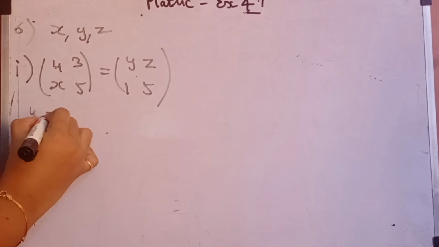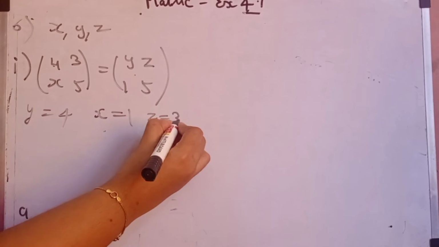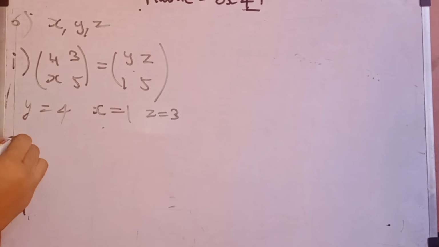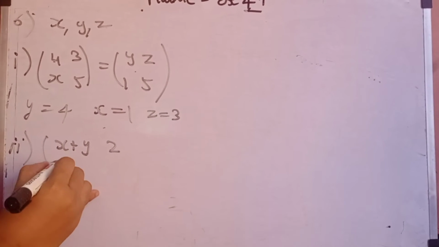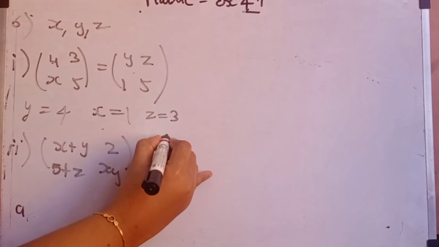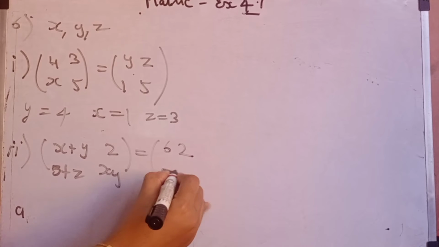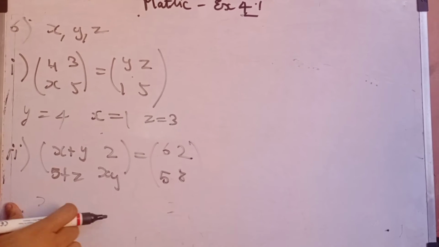In the place of y you have 4, in the place of x you have 1 and in the place of z you have 3. That's it. So for the second sum they have given us x plus y, 2, 5 plus z, xy is equal to 6, 2, 5 and 8. Right? You just need to compare it.